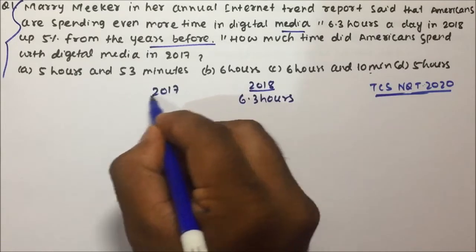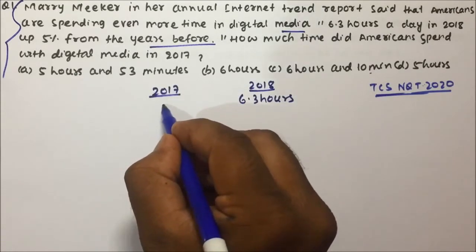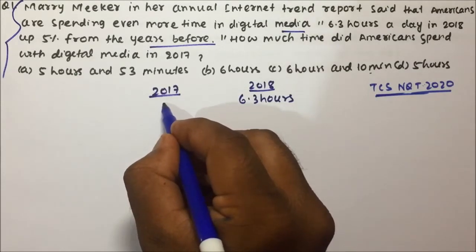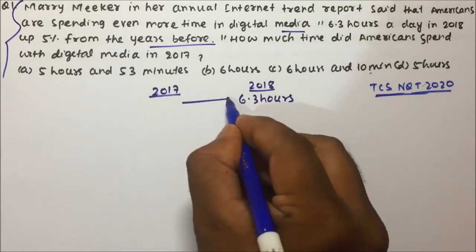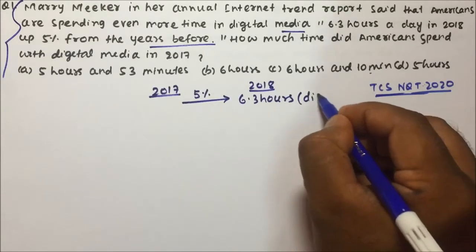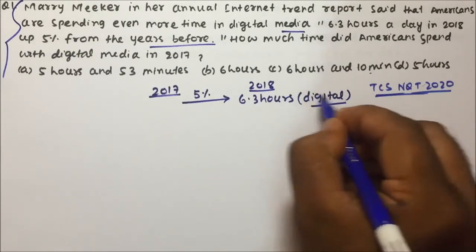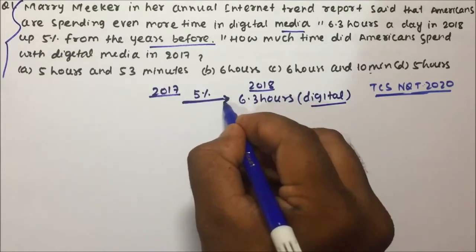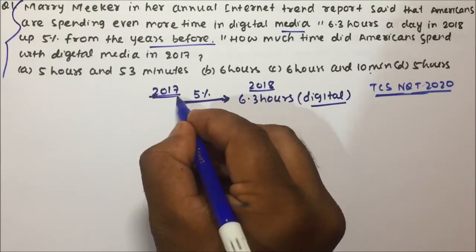So for 2017, that data is not given, but what they are telling is Americans are spending 6.3 hours in digital media in 2018, which is 5% more as compared to the previous year.